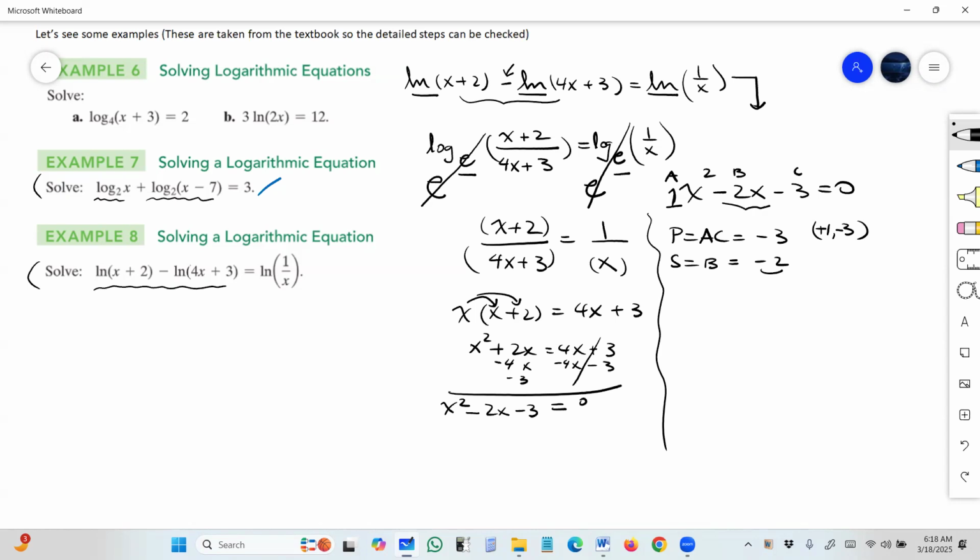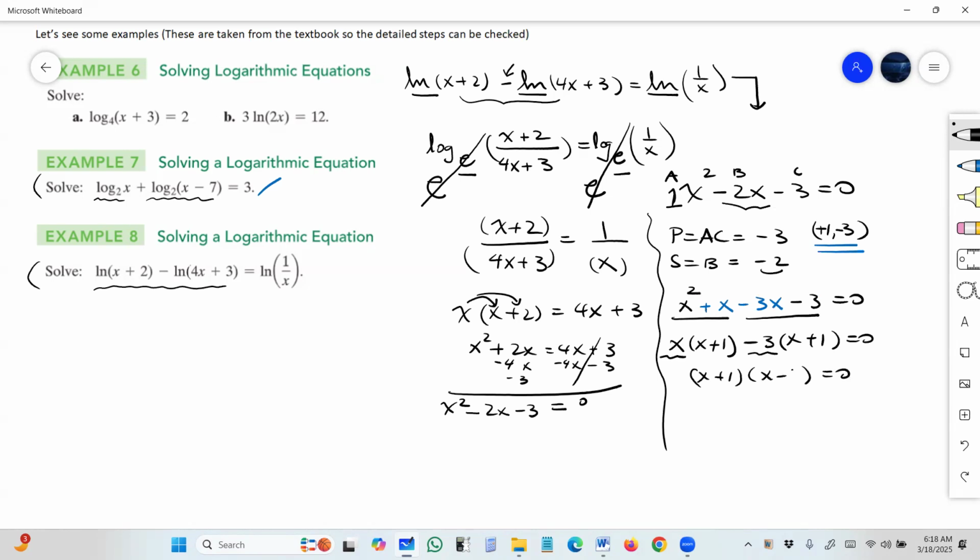I'm going to rewrite the middle term using these two numbers I have. So plus x minus 3x minus 3 equals 0. And then I factor by grouping. Okay, so x plus 1 minus 3, x plus 1. X plus 1 is a common factor. I factor it out. And in the second parentheses, I will get x minus 3.